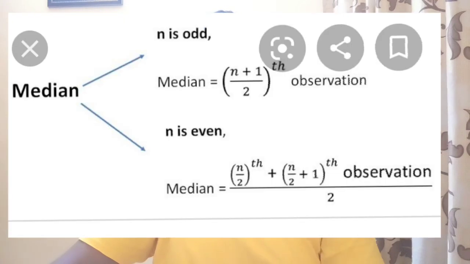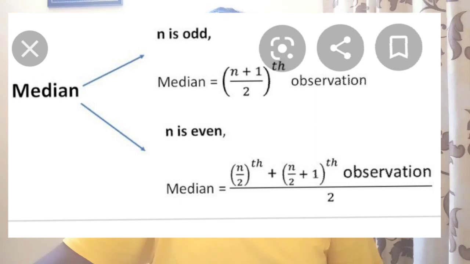Finding the median for the first case, as we talked about, is the (n plus 1) by 2th observation, where the solution is the position of the median in the data.